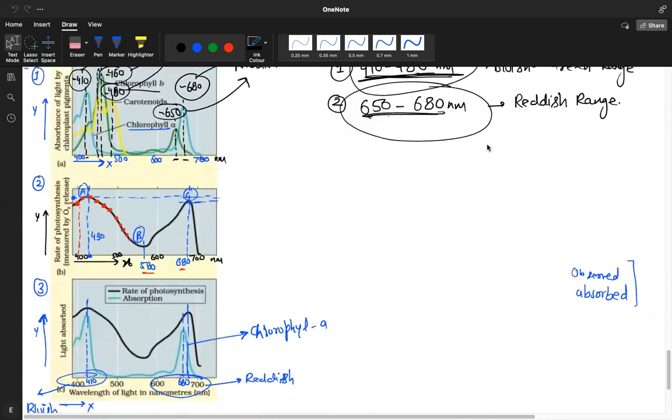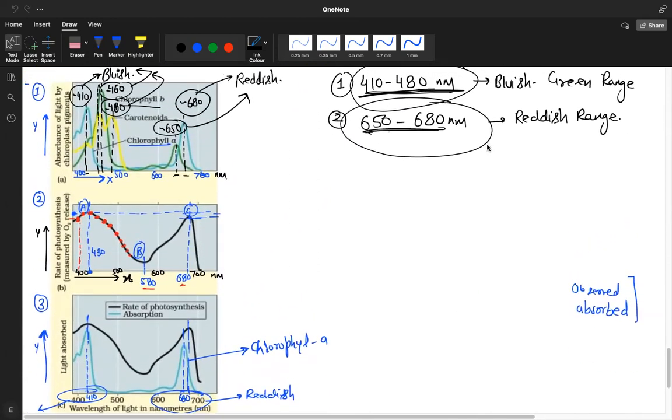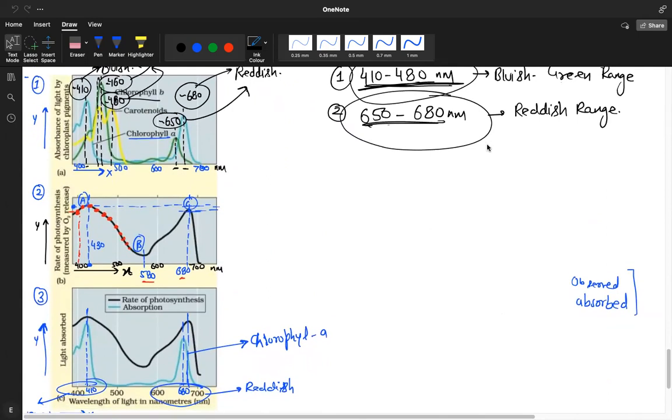Then, in the end, we studied this diagram. What does this tell us? So we had three graphs. The first graph shows the absorbance level of light by different chloroplast pigments according to their wavelengths.